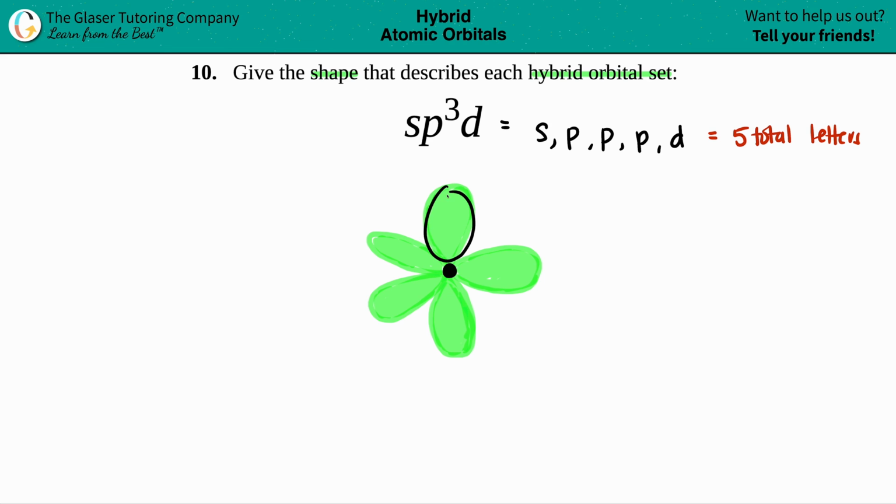This orbital and this orbital are 90 degrees from each other. So maybe I'll draw a 90-degree angle right here. You also got 90 degrees right here because the total of this to this is 180. So that has no 3-dimensional shapes to it. However, when we start talking about this orbital in relation to this, you're spanning this way.